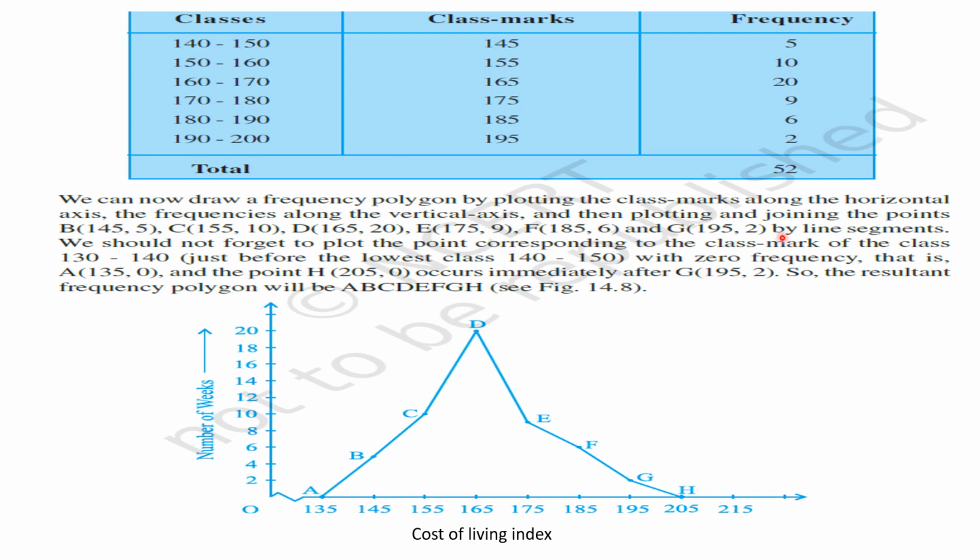So we get ordered pairs: (145, 5), (155, 10), (165, 20), (175, 9), (185, 6), and (195, 2). So we got all these points. Now we join them successively: A to B, B to C, C to D, D to E, E to F, F to G, G to H. This is the required frequency polygon for the given data.